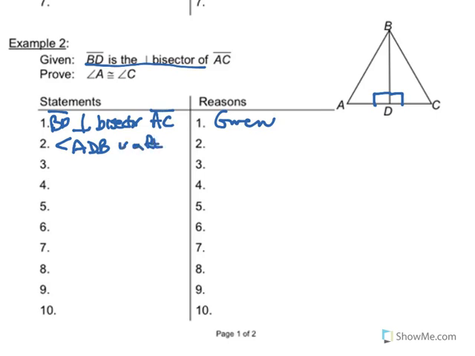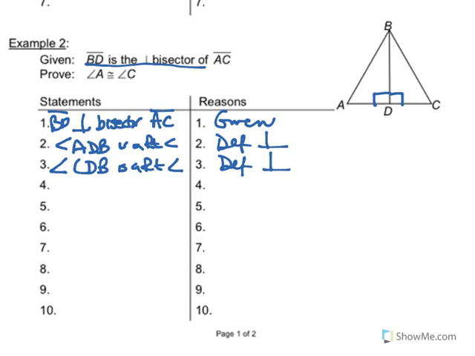Remember, we've got to declare it being a right angle, and how do we know that? That is going to be definition of the perpendicular. And then angle CDB is a right angle. And how do we know that? Again, that's going to be definition of perpendicular.